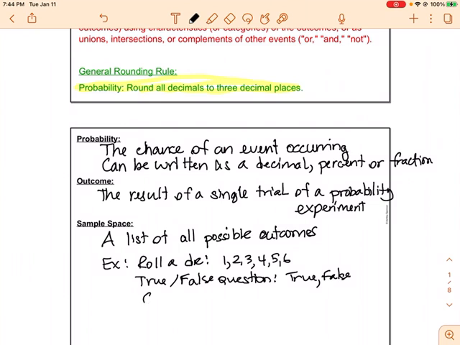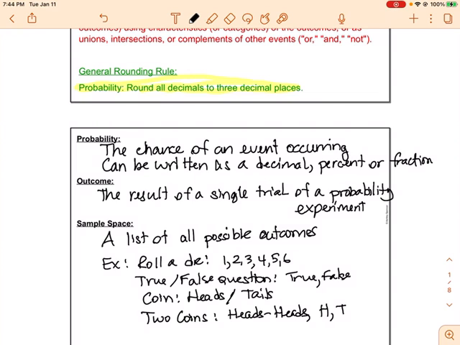If it's a coin, we have heads or tails. 2 coins, you can have heads on the first, heads on the second, heads on the first, tails on the second, tails on the first, heads on the second, or you could have 2 tails.